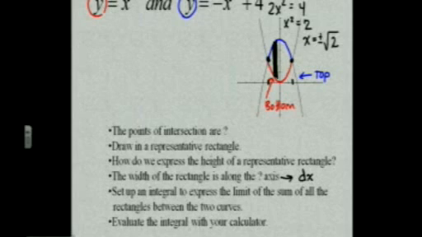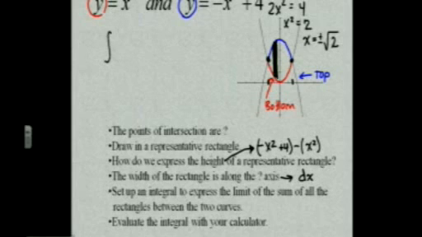Well, the height here, top would be negative x squared plus 4. And I'm using parentheses because we might have to distribute eventually. That would be our height, top minus bottom. We can set up the integral to express this area, the limit of the sum, oh, that's just an integral.